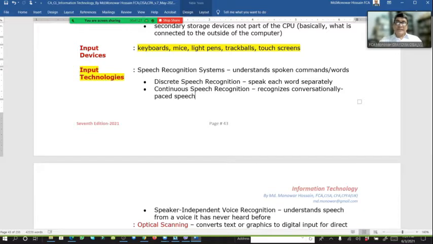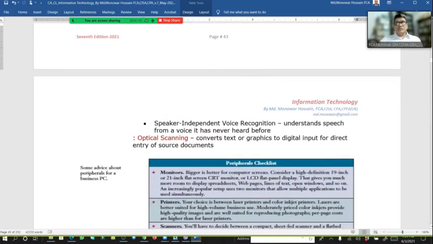So we can say that it is also a technology, an input technology, giving us output.